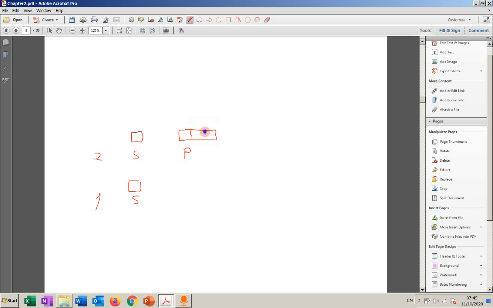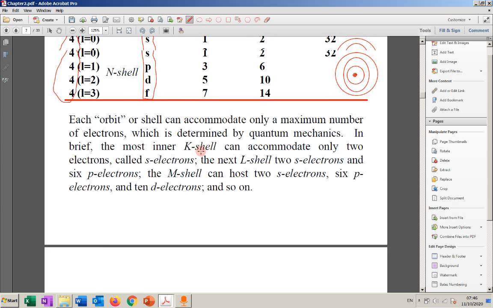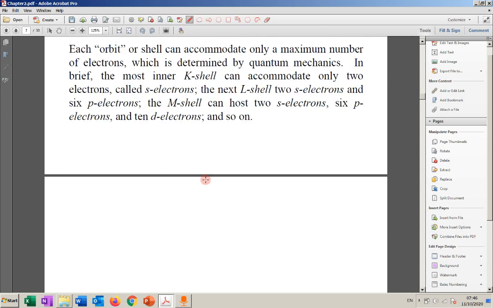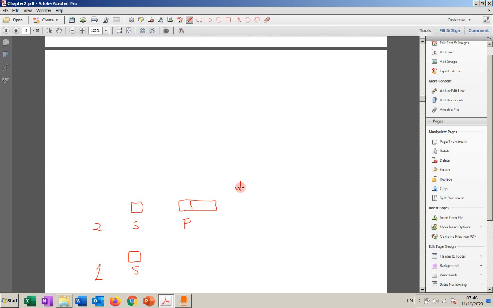As you've seen in chemistry, the electrons come inside here and fill these boxes. D will be 5, and for f we have 7. So if you draw d, you draw 5 boxes. These we call the states inside them.